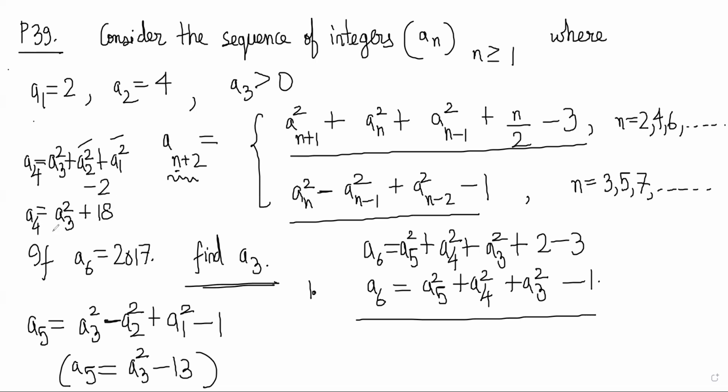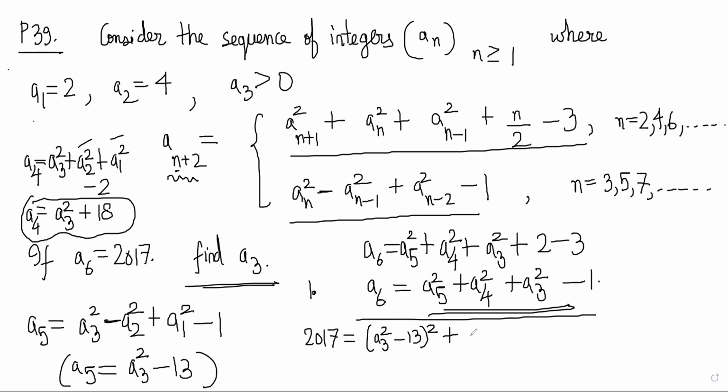So we can substitute it in the equation we got first. So you will get what equation now? 2017 is equal to a5 square, so that is a3 square minus 13 whole square, plus a4 square, so a3 square plus 18 whole square, plus a3 square minus 1.